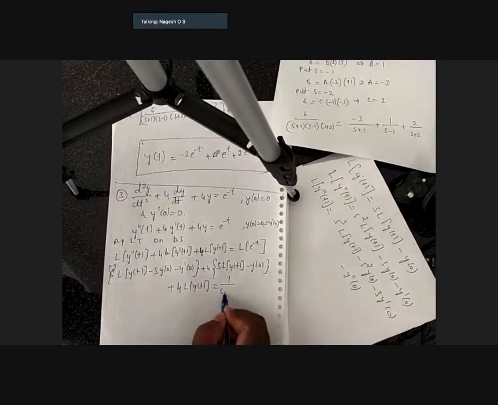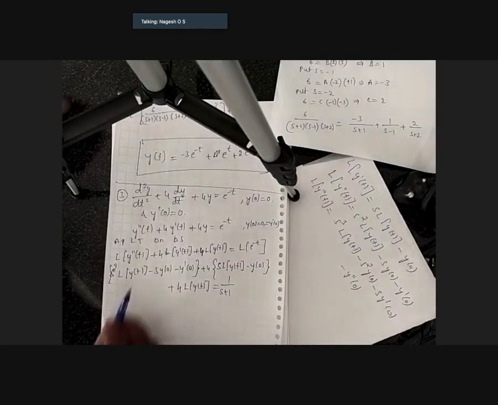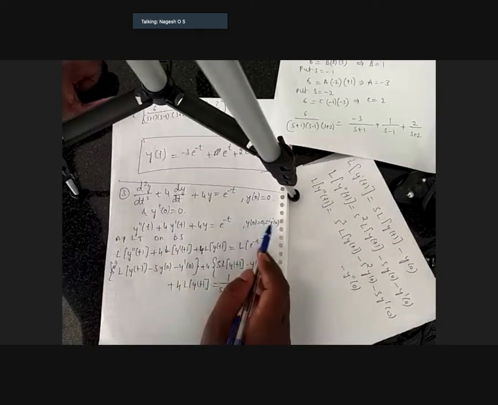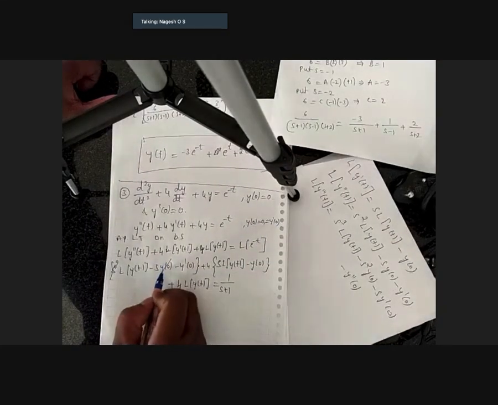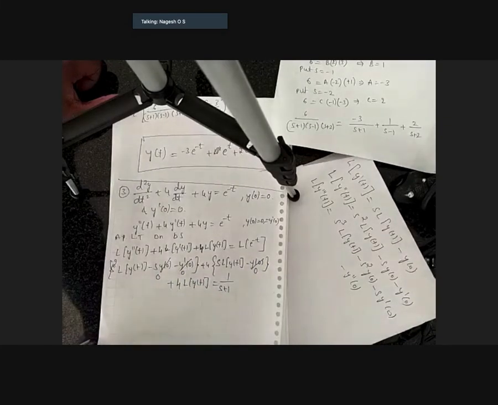So Laplace transform of this is 1 by s plus 1. Next, substitute y of 0 as 0, y dash of 0 as 0. In this, y of 0 is 0, y dash of 0 is 0, this is also 0.